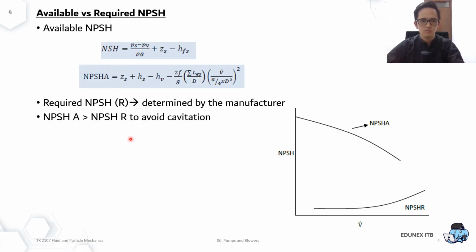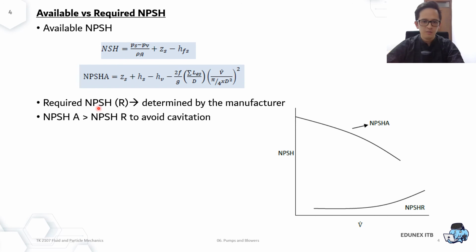Okay, so now we move on into the two types of NPSH, available versus required. So available NPSH, again, that's purely based on the calculation that we talked earlier, based on the differential of elevation, differential of pressure, etc. That's pure on hydrodynamics or the fluid mechanics calculation.